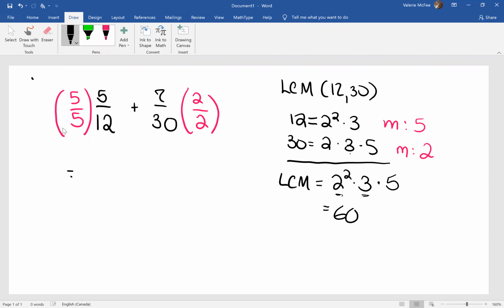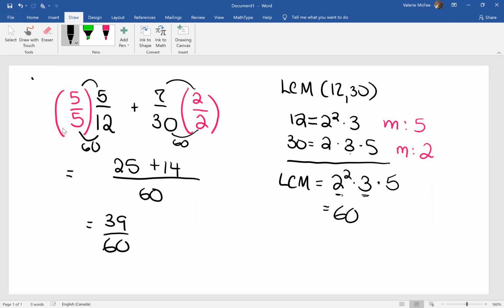Now you can see that both of these have a denominator of 60. So we've got our lowest common multiple of the denominators. In the numerator, we have 25 plus 14. If you've practiced this method for adding and subtracting with fractions, we're going to use exactly the same method working with rational expressions. Let's go back to our other paper.